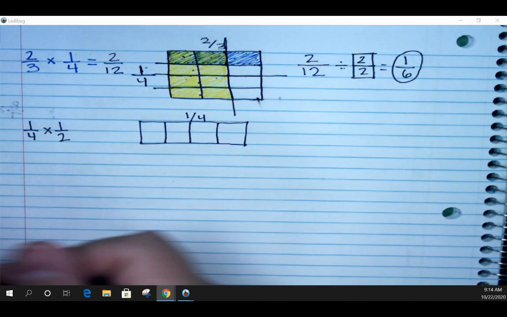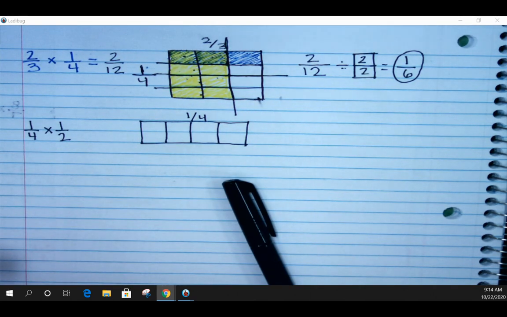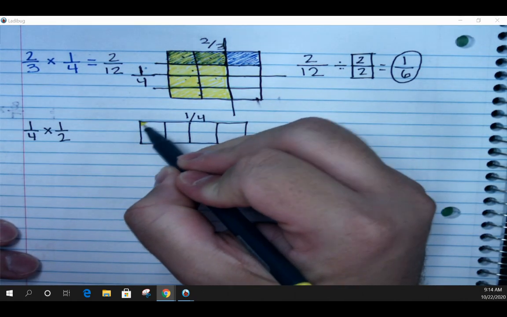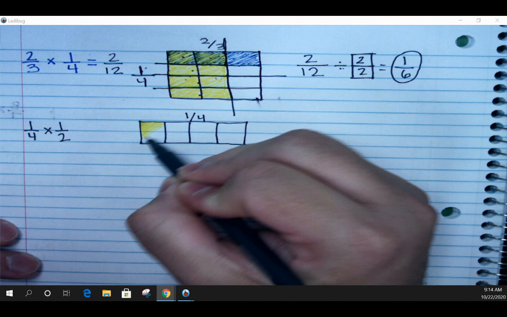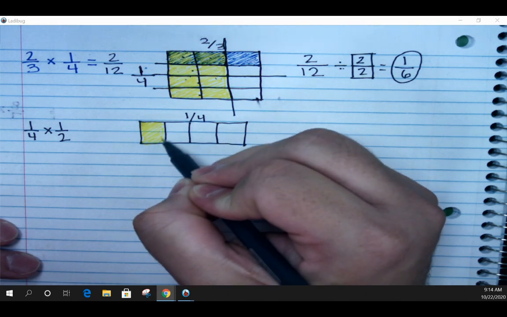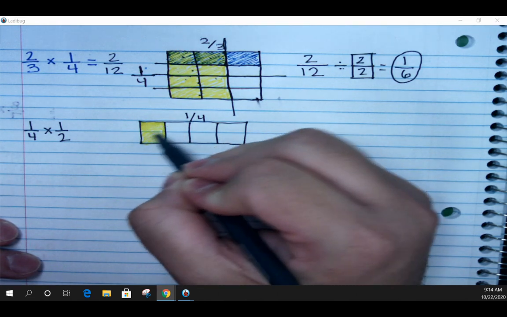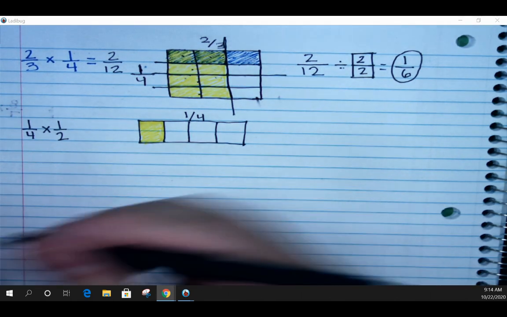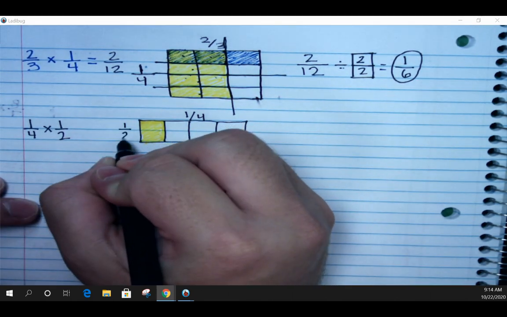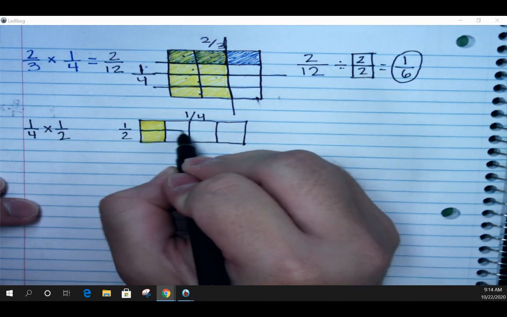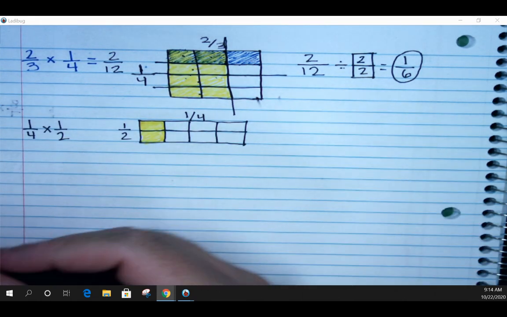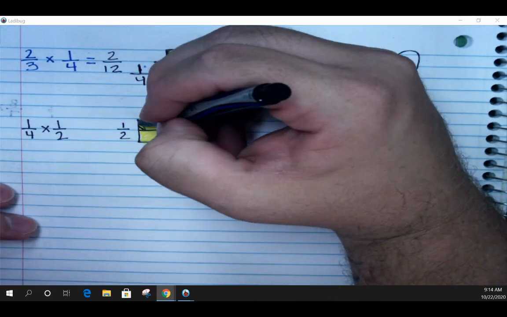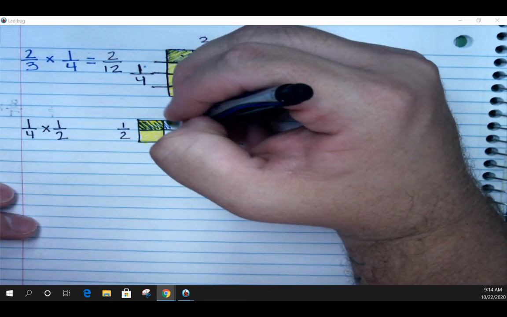And with my yellow, I will color 1/4. I always just go to the first block here because I don't want my work to be all over the place. Then I'll come over here and I'll do a half going this way. And I'll get my blue and go back in there and shade a half.